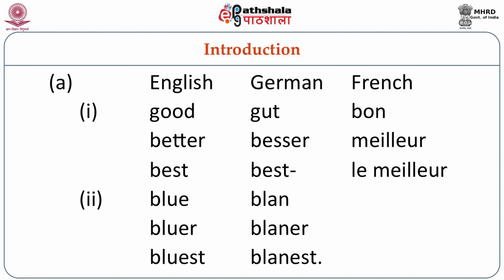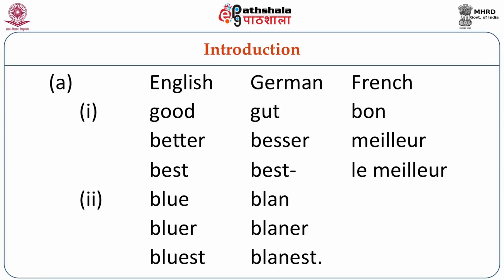So the examples: English good, better, best, or blue, bluer, bluest. In German we say gut, besser, best, blau, blauer, blauest. So we can see the close similarity between the English and German forms.